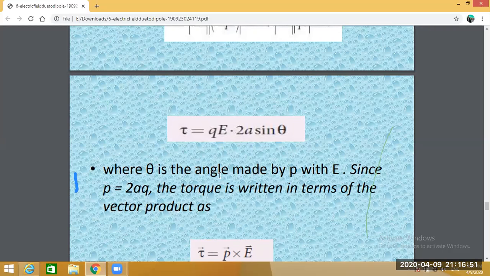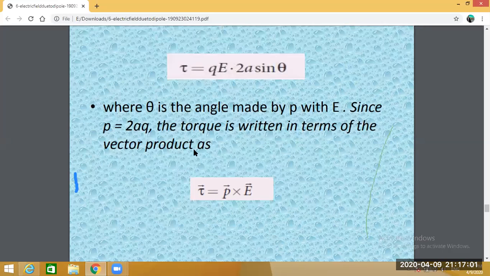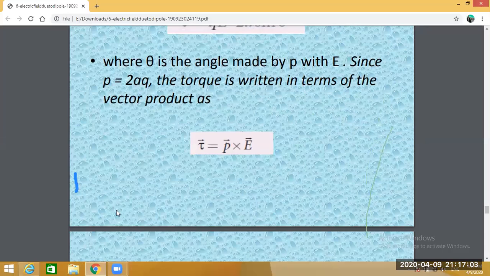Where theta is the angle made by the vector p with E. Since p equals 2aq, the torque is written in terms of the vector product as P cross E. This is the moment or torque experienced by the electric dipole when placed in a uniform external electric field.